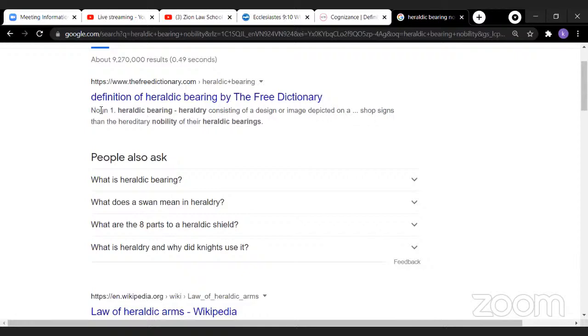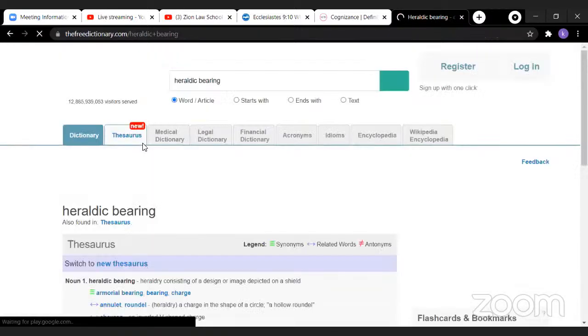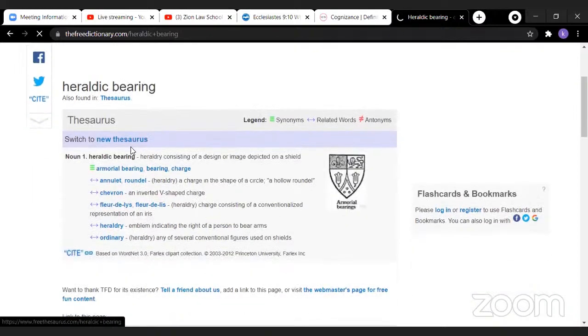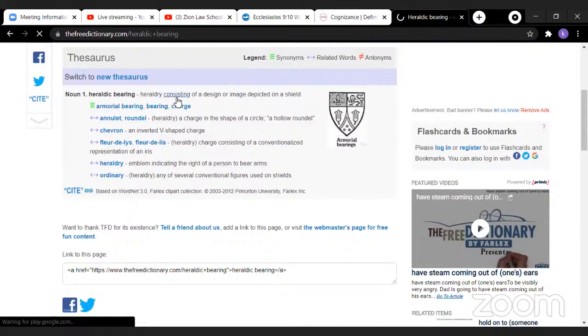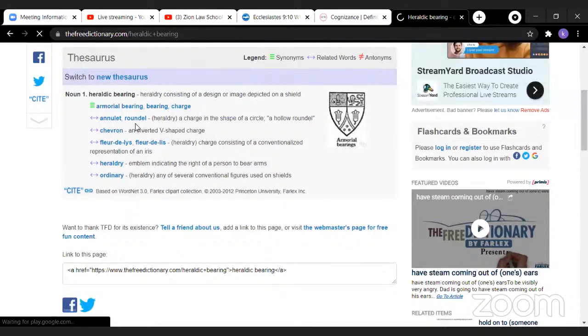Oh, okay. So here. So let's look at this one. Okay, heraldry bearing. Heraldry consisting of a design or image depicted on a shield. Okay, so an amulet, rondel, a charge in the shape of a circle, a hollow rondel, chevron, an inverted V. So when we see these things on the shield, that's what they mean, right?